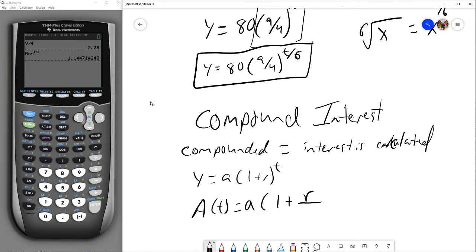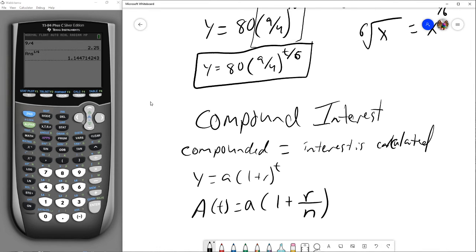If it was daily, it would be divided by 365. I'm just going to use an n here. The n is going to represent however many times interest is calculated in a year. If we said monthly, it would have been 12 times a year, or if it was daily, it'd be 365 times a year.